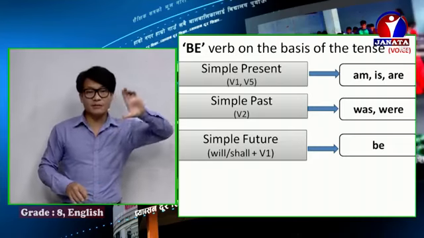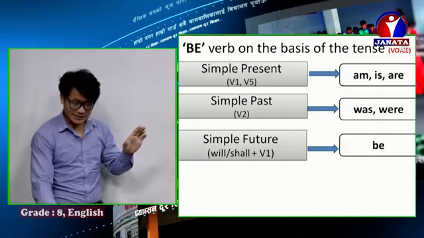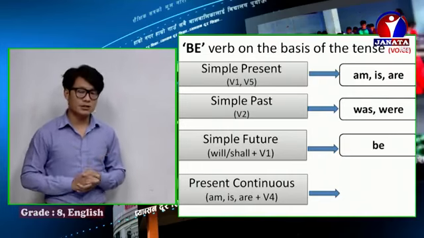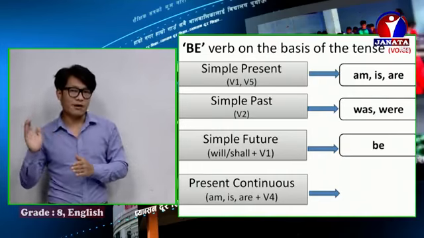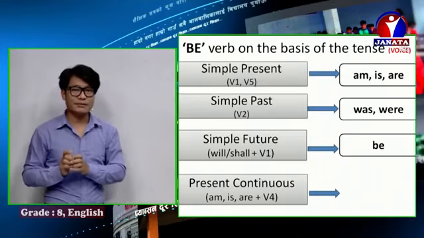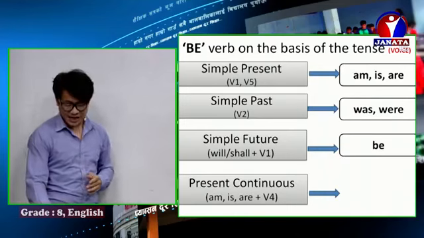After completion of the simple, now let's start continuous. Present continuous: am, is, are plus verb 4, then it has one be verb, and that is being.